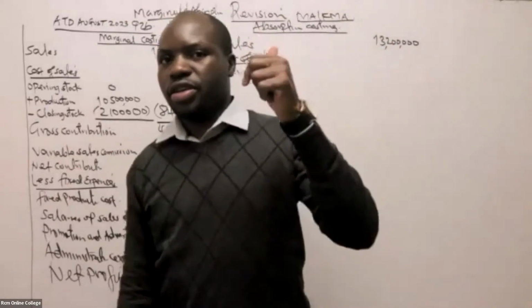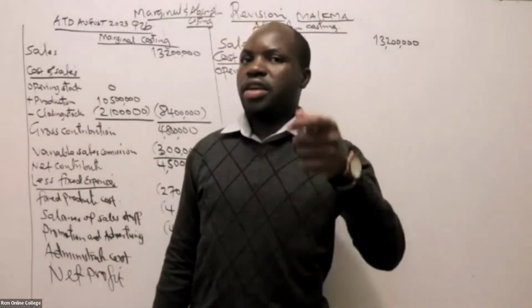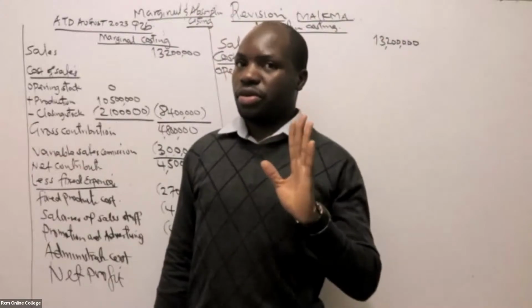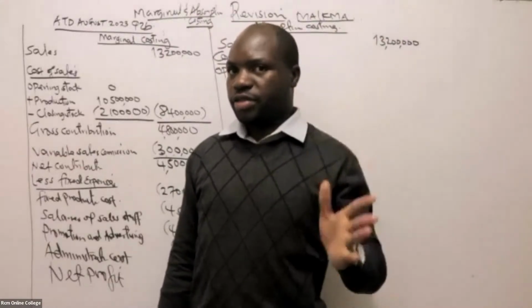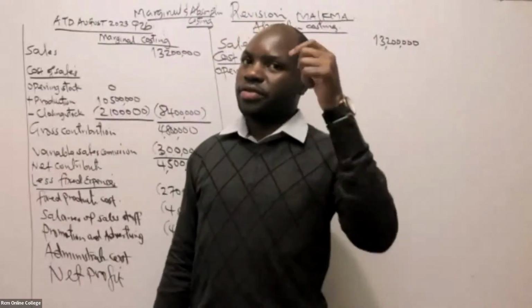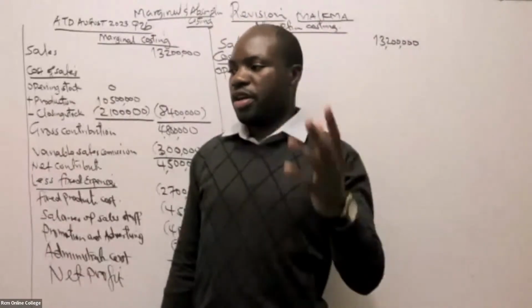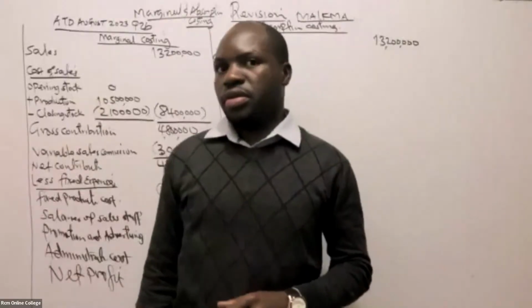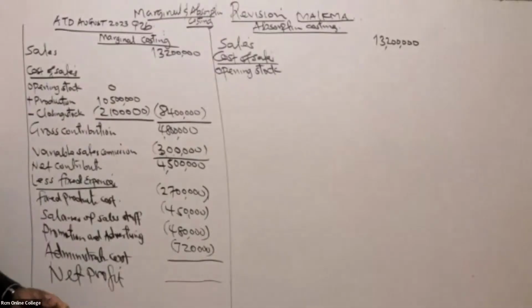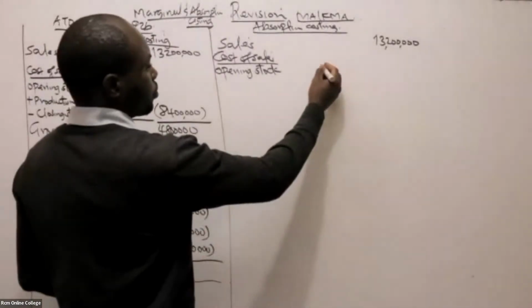We took direct material, direct labor, and variable production overhead. Under absorption costing, we used direct material, direct labor, variable production overhead, plus fixed production overhead per unit. So that's how we got the 350 and 440. So our opening stock in this case will be 0.